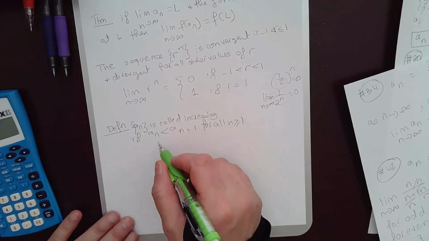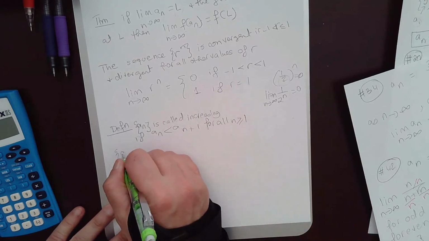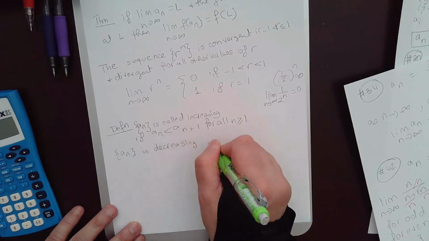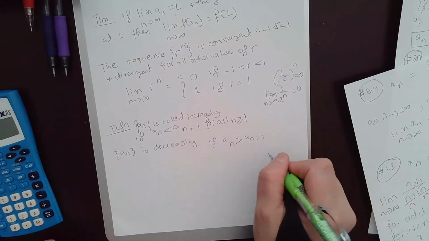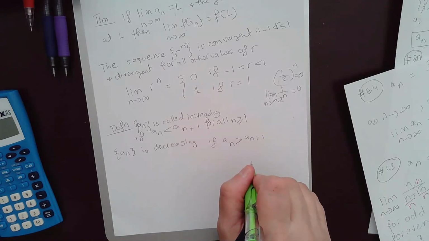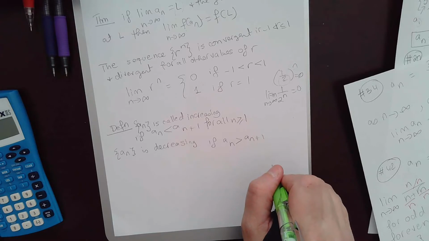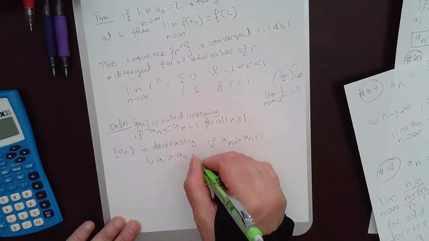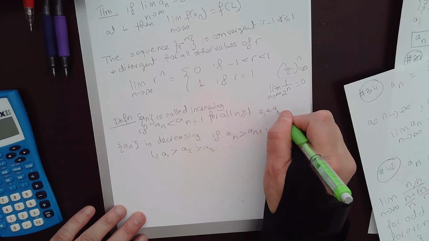So a1 would be less than a2, less than a3, less than a4. Now it's called decreasing if an is greater than an plus 1, and so on. So a1 is greater than a2, is greater than a3, and so on. Here is the opposite: a1 is less than a2, is less than a3.